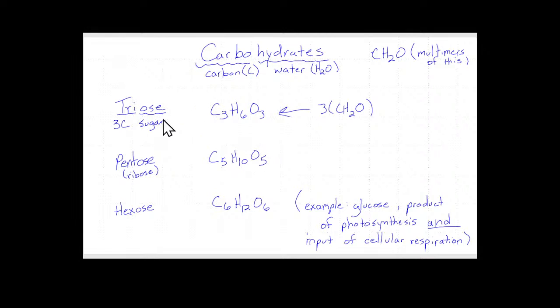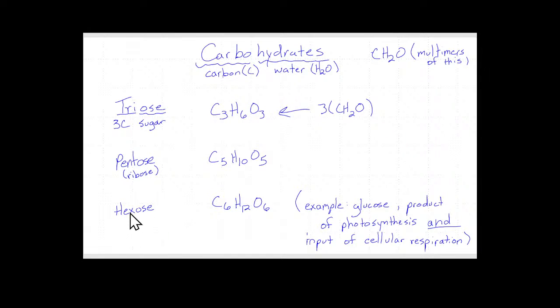Later we're going to talk about glycerol, and that's a triose sugar, and it is actually C3H8O3. So they can vary from this, but generally you take the number times CH2O and you get the answer. However, we're going to mostly focus on hexoses right now. We'll come back to pentoses when we talk about the ribose that is within nucleotides.